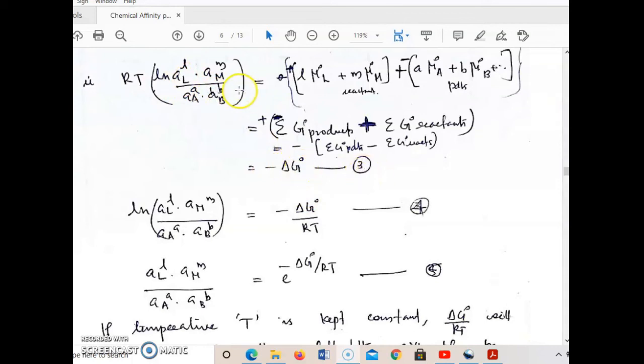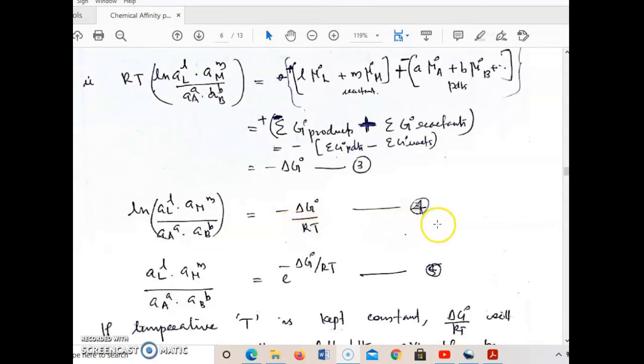That is equation 3. And AL corresponds to the activity of the component L, and L is the number of moles of that component. Similarly for all other terms. And let us take this RT to the right hand side. So we have ln AL raised to L into AM raised to M divided by AA raised to A into AB raised to B is equal to minus delta G0 by RT.